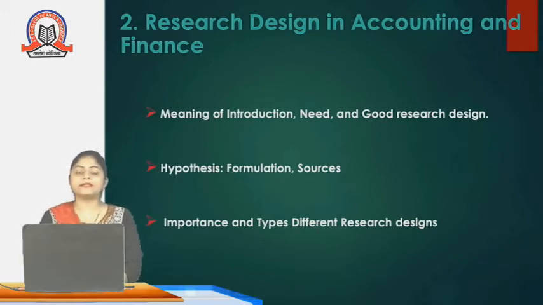All this, before actually implementing the research, we should plan, because one person is not involved in the organization to do the research. There is a team, so every member should know how to go for the research. So it is the responsibility of the researcher, the committee of researchers, to make the research design and research plan.